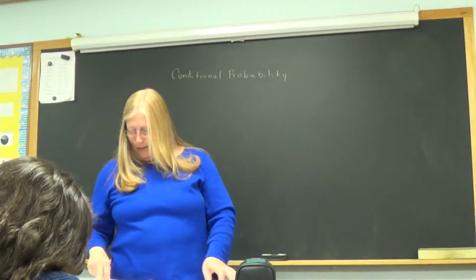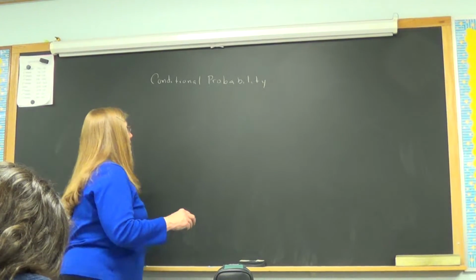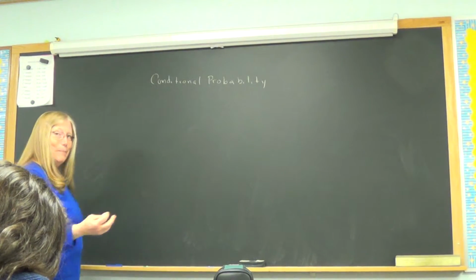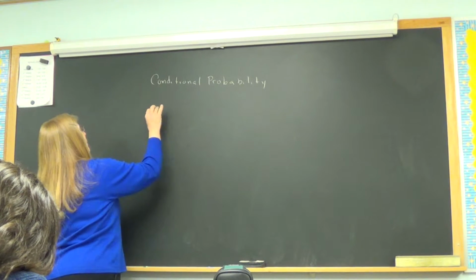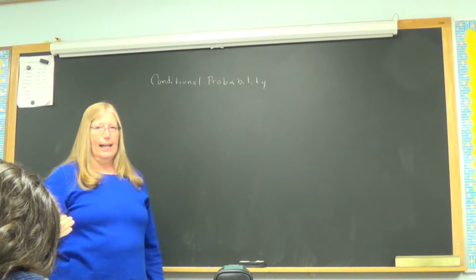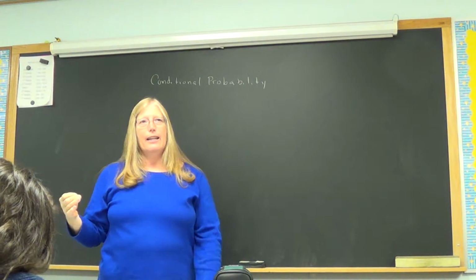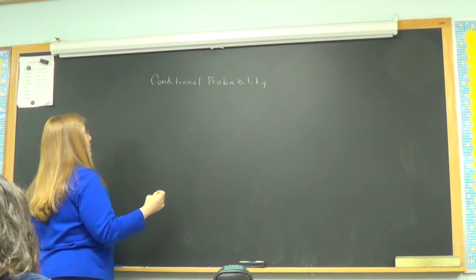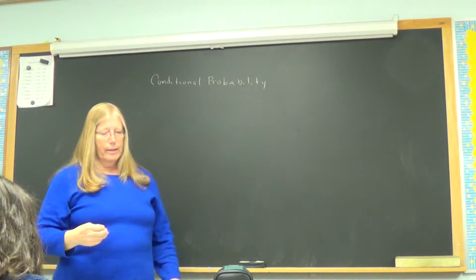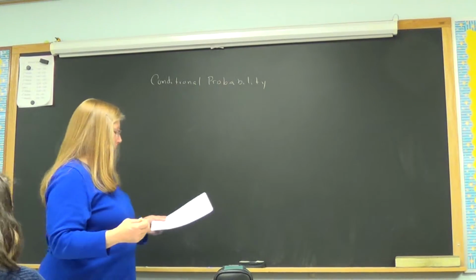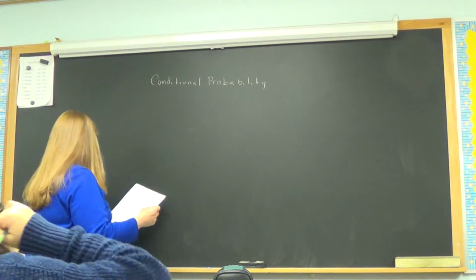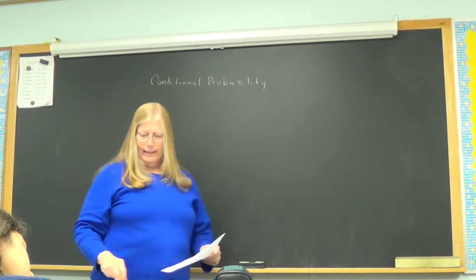What I need for you to understand is a new symbol. So we even get a new symbol today. If you flip a coin and you get heads, and say you flip it again, and you are going to see what the next flip is, there's a way that we can talk about that, and it works like this.